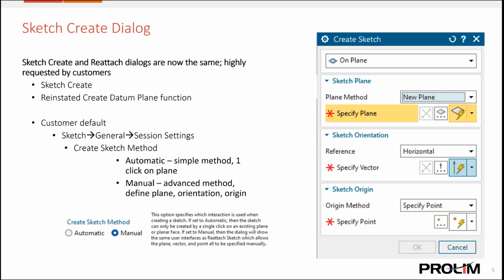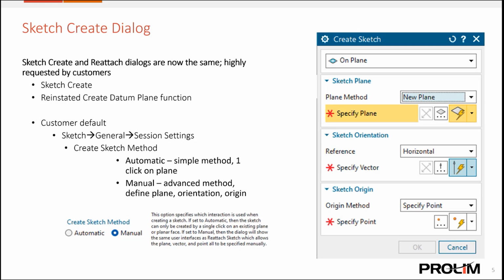Now, going right into it, one of the bigger enhancements that came to 2406 was the Create Sketch dialog. The Create Sketch dialog now allows you to create datums or datum planes within the Sketch dialog, so you don't have to go do it separately.